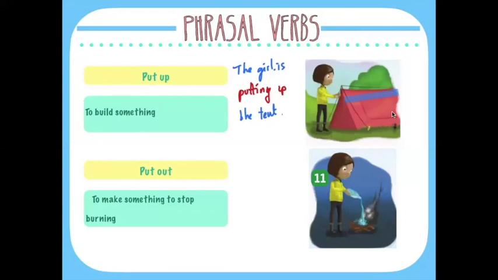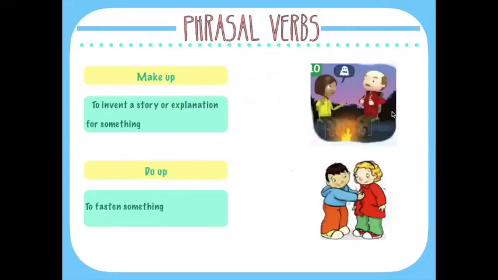What will be the sentence to use put out in this situation? Gabriel Bermúdez. The girl is putting out the fire. Very good. That's okay. Let's go to the next one.